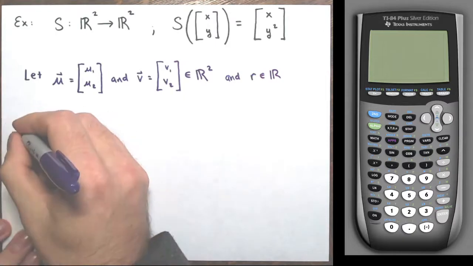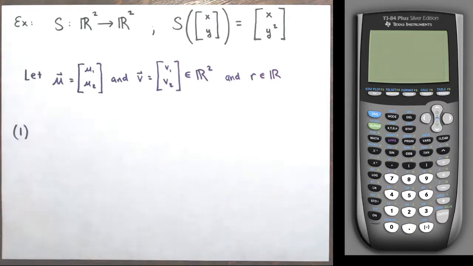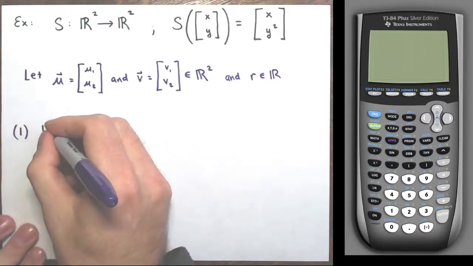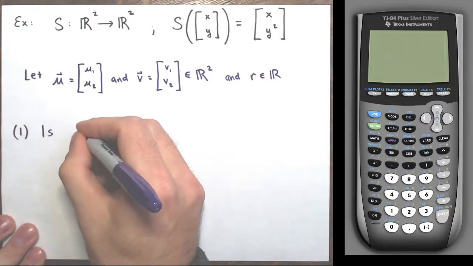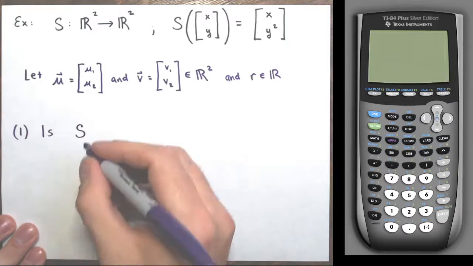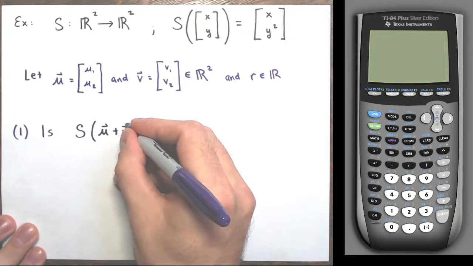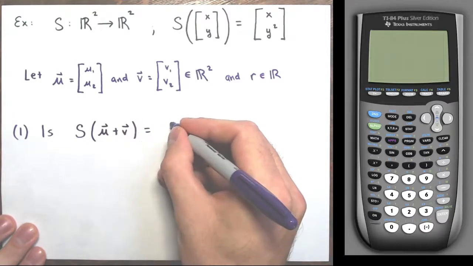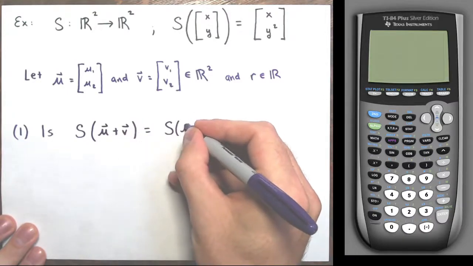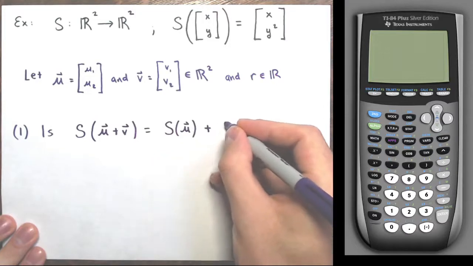All right, so first I'll check, again, that additivity property. So the question is: is the value of this transformation S at u plus v equivalent to the image of u, S of u, plus the image of v?